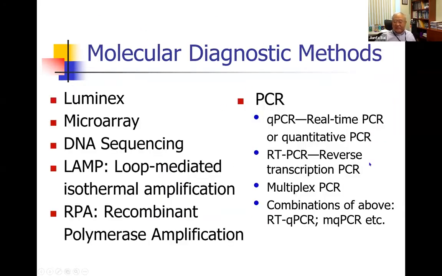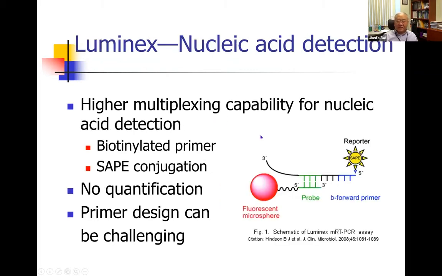We've mentioned PCR already, but I'd like to introduce other technologies that have been used for diagnostics as well. The first one I want to touch on is the so-called Luminex. It's a magnetic beads technology. You can have different colors of beads, and our naked eye cannot differentiate them, but the machine can.